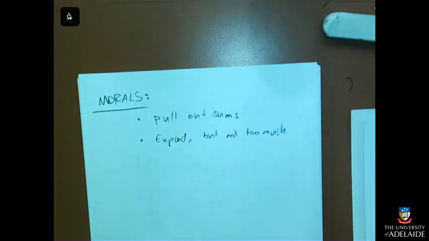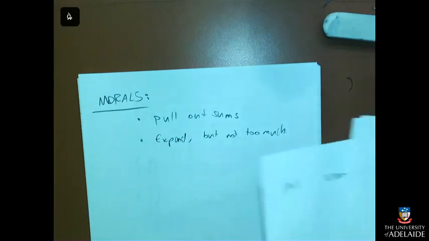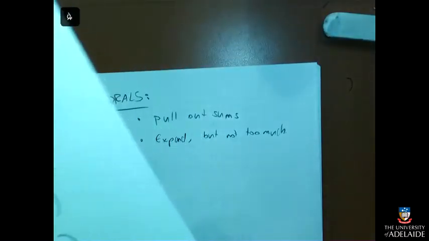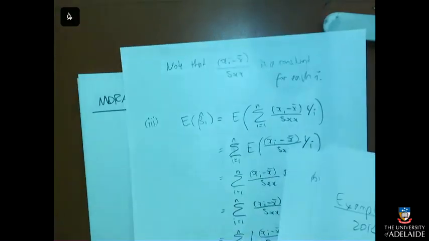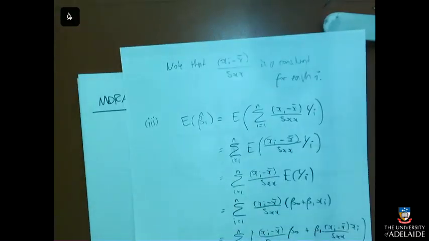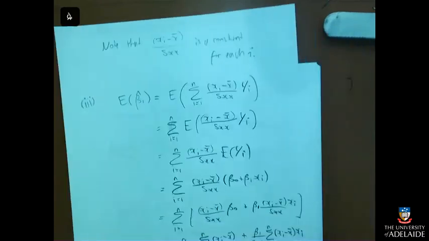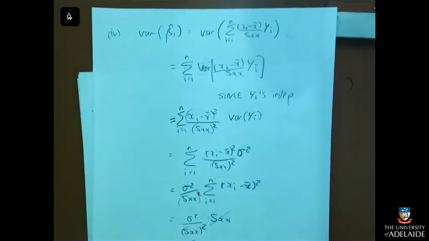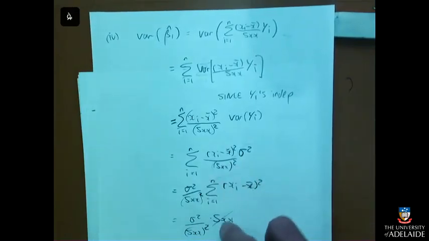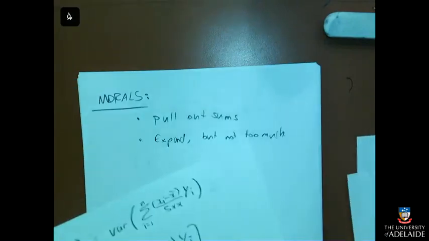Anything else? I noticed one, which was: notice when you have something you've seen before. So this thing here was sxx, and this thing here was sxx. So keep an eye out for things you've seen before.